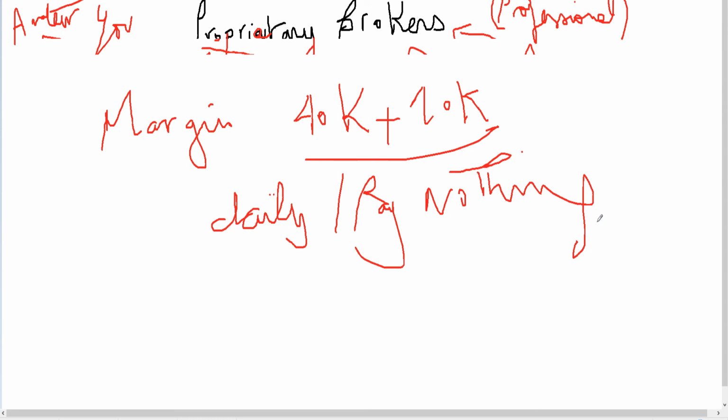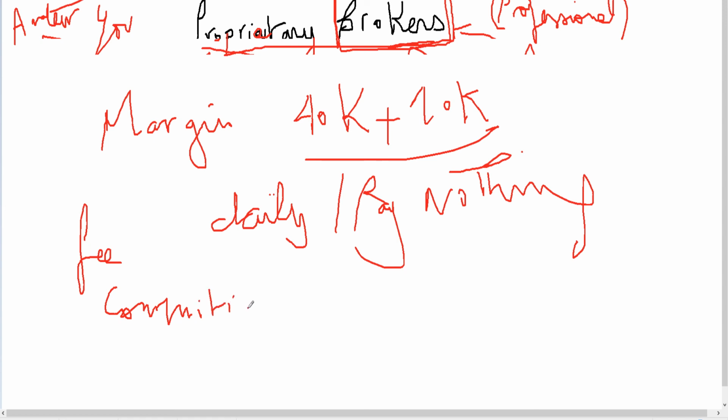Okay? So these are just tricks, and don't be tricked by these brokers, because a broker doesn't trade. I'm telling you many times. Those people who don't understand, a broker's money comes from fees and commission. He doesn't trade, because trading for him is taking risk.